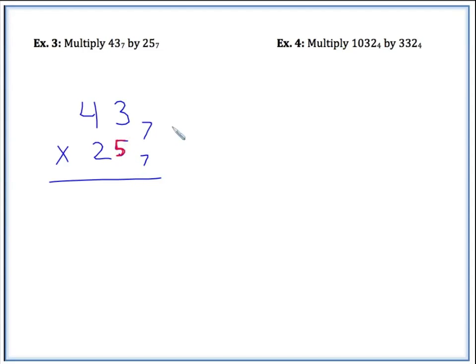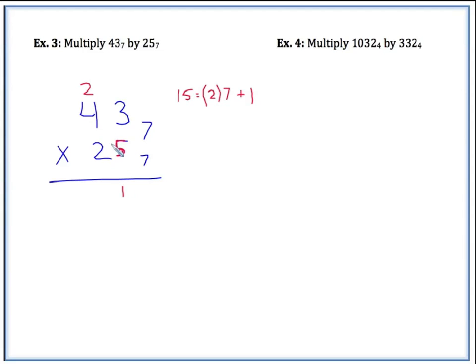So we do 3 times 5, which is 15. And we have to think how many groups of the base? So that would be 2 groups of 7 with how many left over? Well, this is 14, so we need one more. So we have 2 groups of the base with 1 left over. So we're going to put a 2 up here with 1 left over.